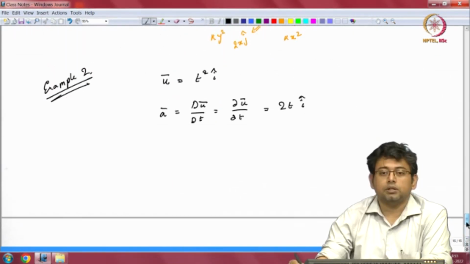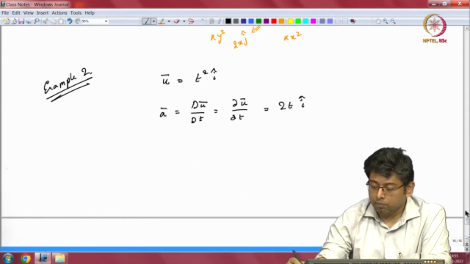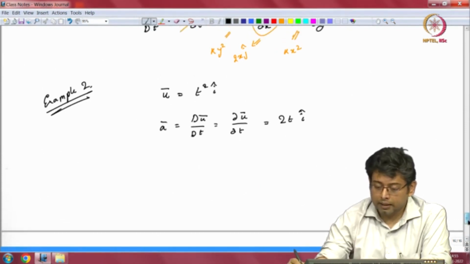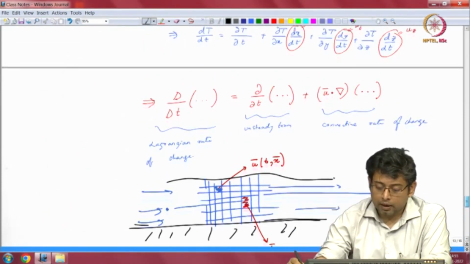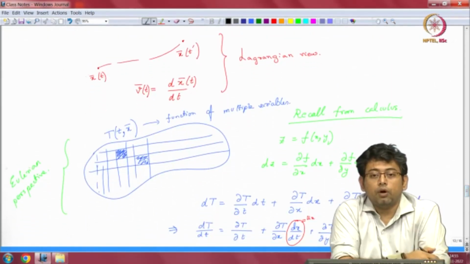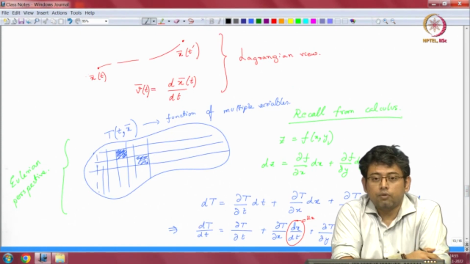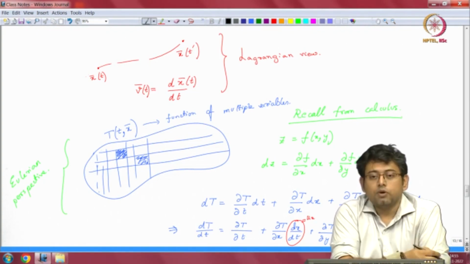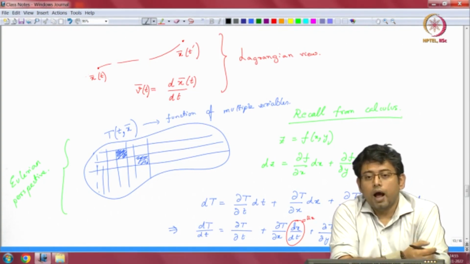So, the take home message is, because in continuum mechanics, the way we look at position and how we do a bookkeeping of what and how. So, what are we doing a bookkeeping of and how we are doing a bookkeeping of.